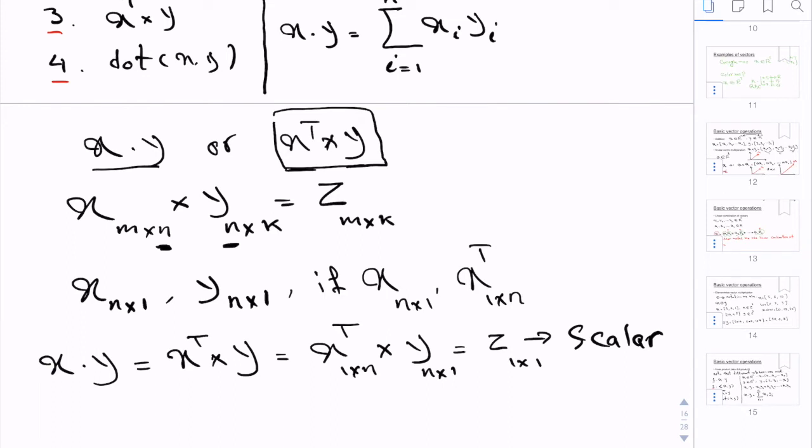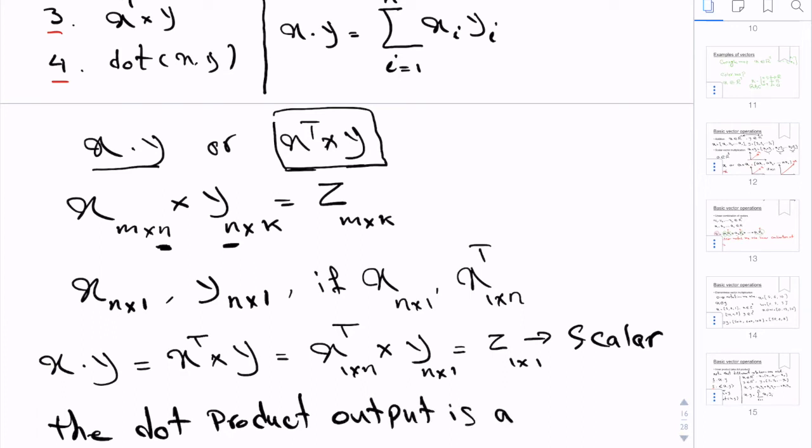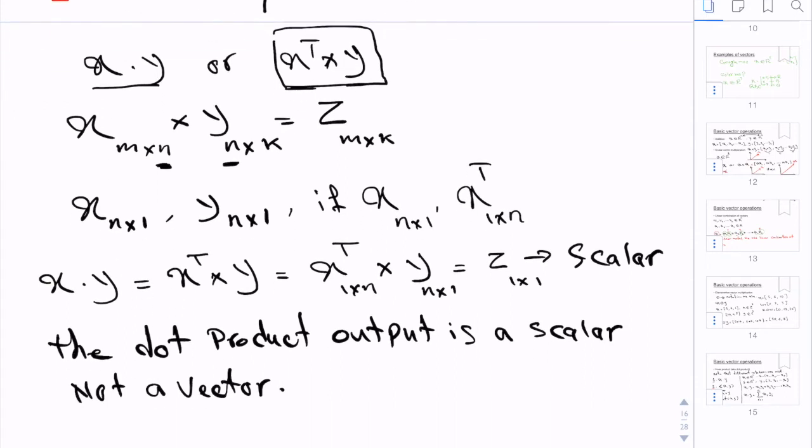So the dot product output is a scalar, not a vector. That's important to note.